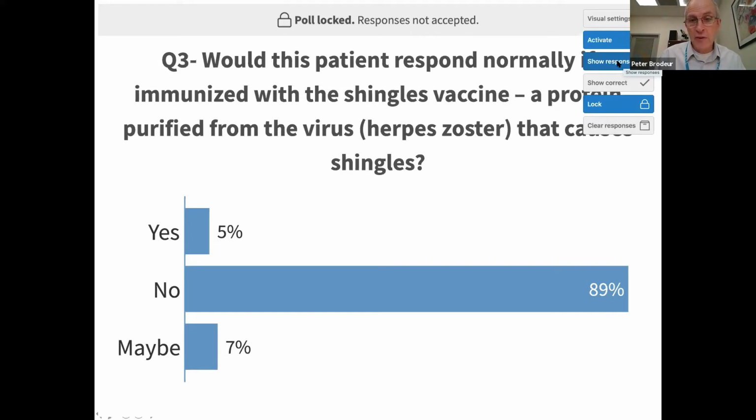Now there'd be a little bit of a response. No, basically there'd be not a good response. Yeah, I think the key word over here is that to make good antibodies, most good antibodies, you need CD4 cells. You need T cell help. That's why we call them T helper cells.